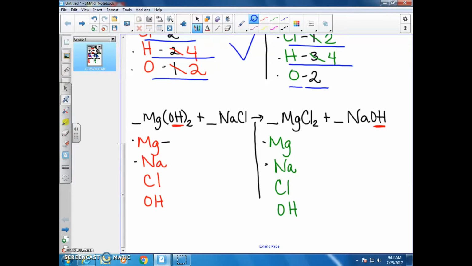So on the reactant side, we have 1 Mg, 1 Na, 1 Cl. We again have 2 OHs. We're going to keep them together collectively. On this side, we have 1 Mg, 1 Na, 2 Cls, and 1 OH.